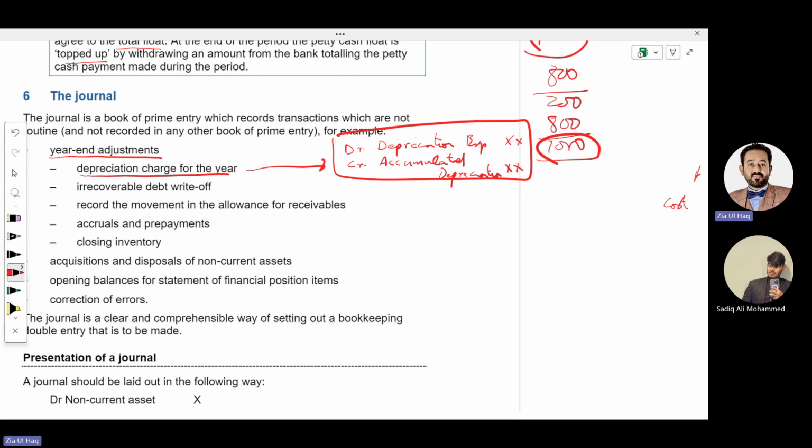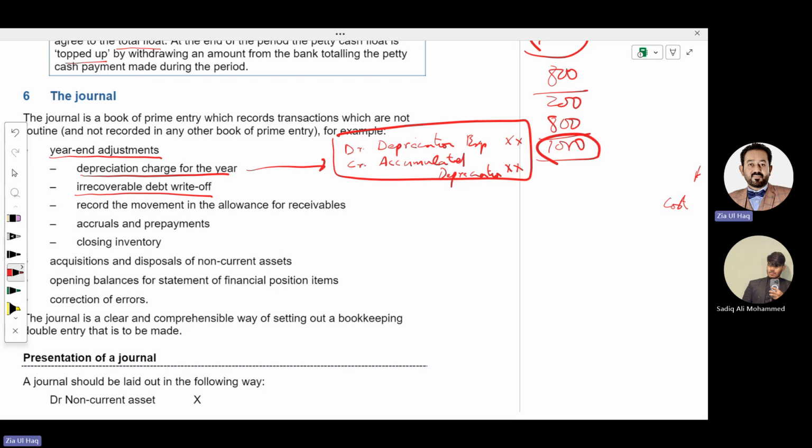At year end, we need to record irrecoverable debt written off. What does that mean? The company made a sale on credit to customers and recorded a receivable in the financial statements as an asset. This means this is money we need to receive from the customer.